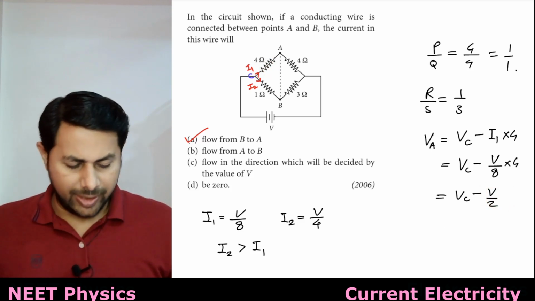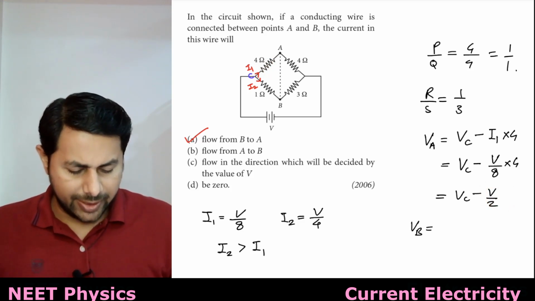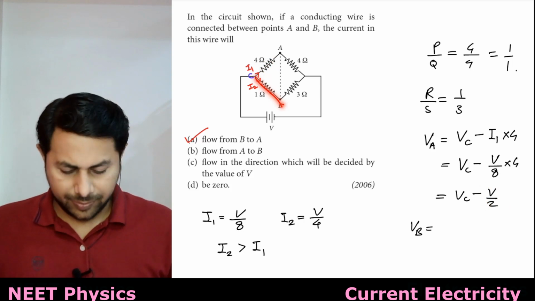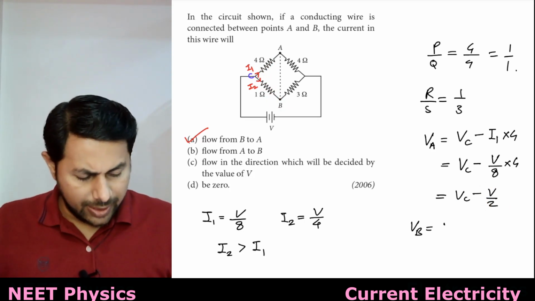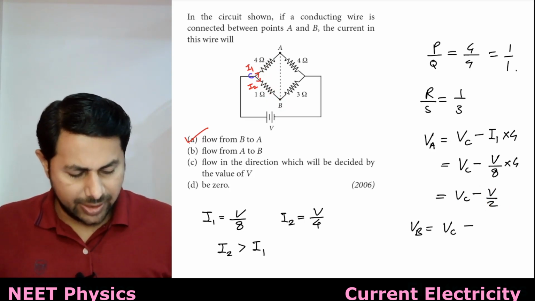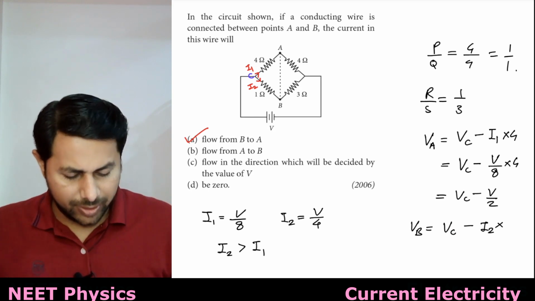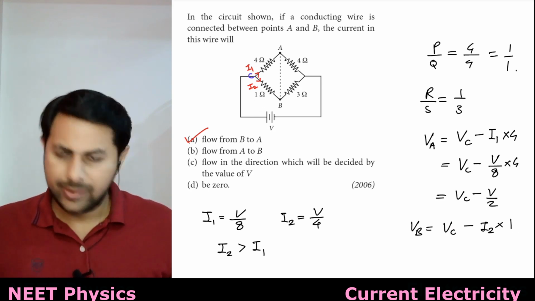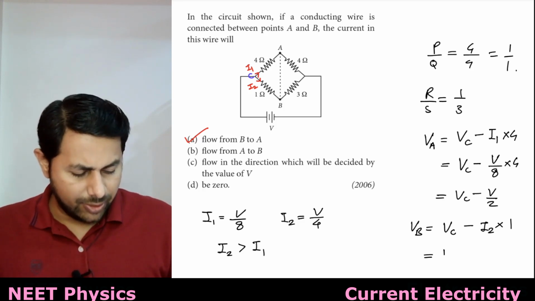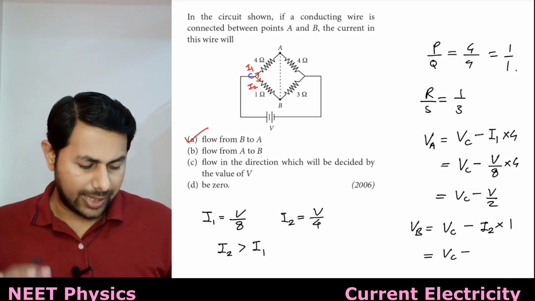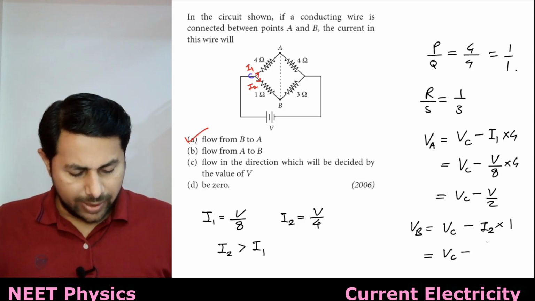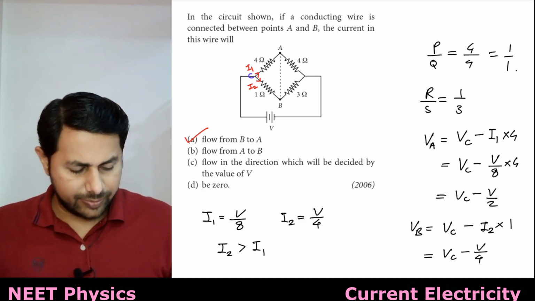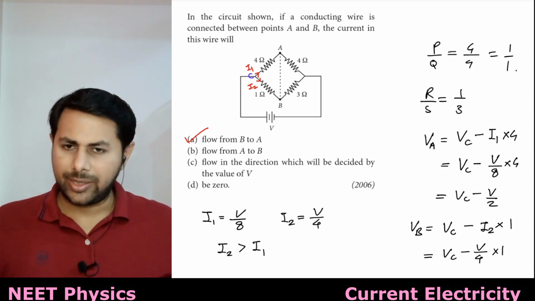What about point B? So when you go from point C to point B, the potential decreases by I2 times this resistance. This resistance is just 1. Okay, so that's equal to Vc minus I2. What's I2? So I2 is equal to V by 4, V by 4 times 1.